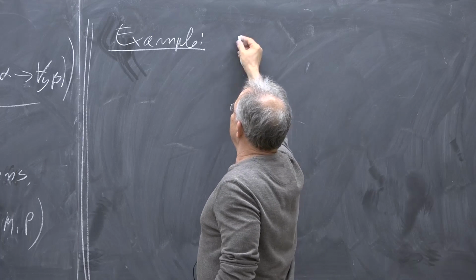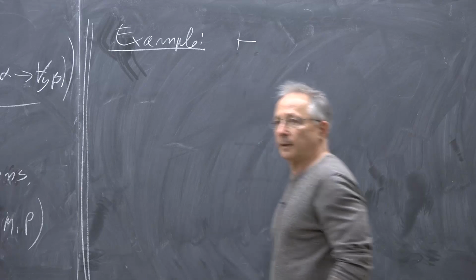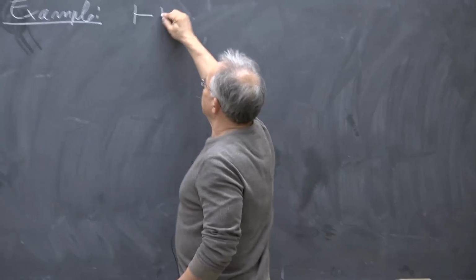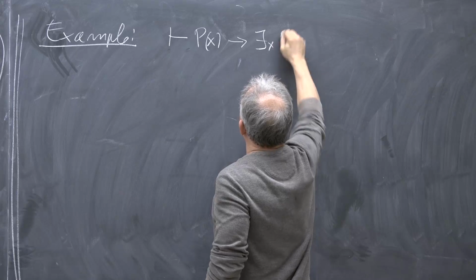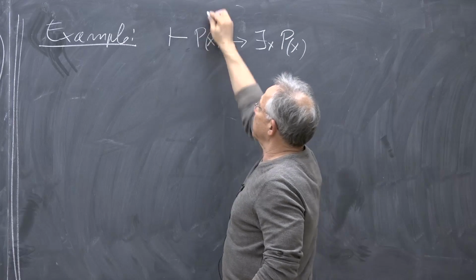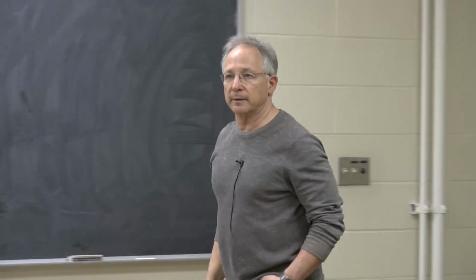And then again, I will denote provable by the same symbol as we were doing in propositional logic. I claim that it's provable that P of x arrows there exists an x such that P of x. So this is a formula which I claim is provable from our axioms.